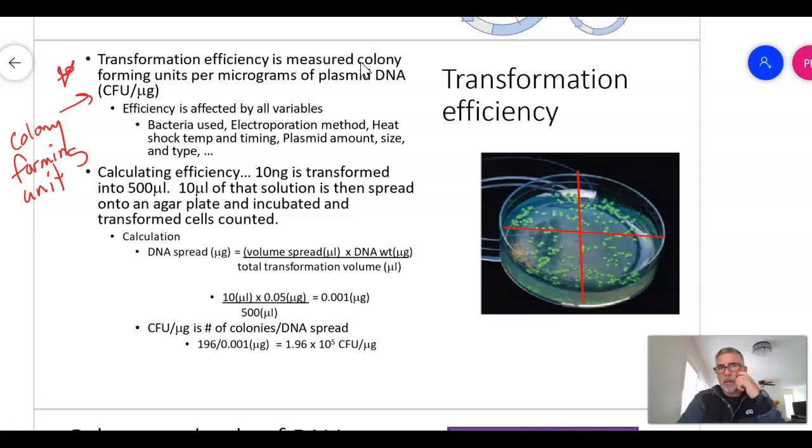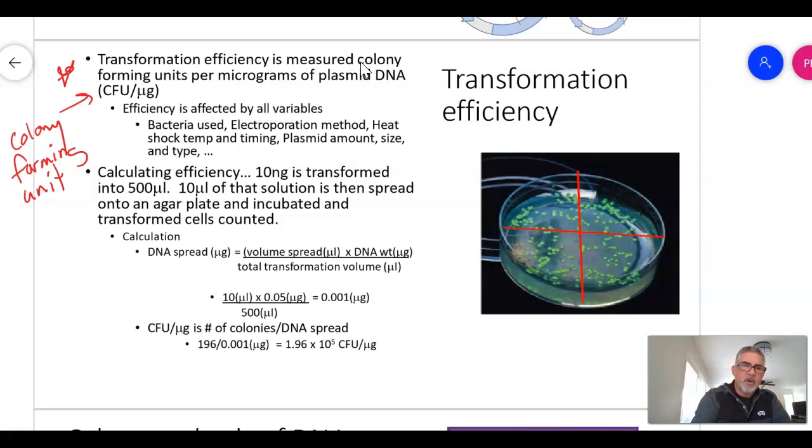That would be 10 microliters times 0.01 micrograms, because this is in nanograms, and we'll divide that by my total transformation volume. If we do that, we get some sort of number here.